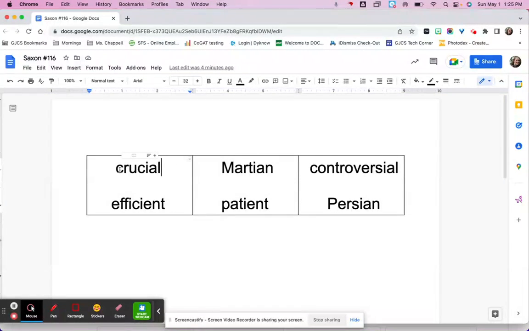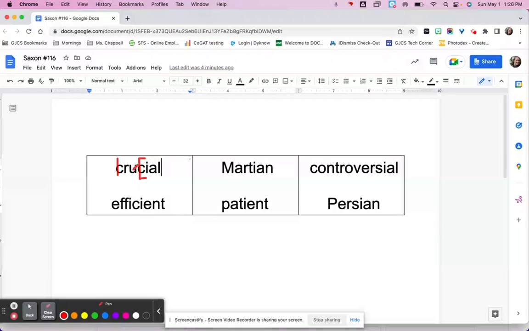So if we go back over here to this word, and I'm not going to tell you what it is yet, let's go ahead and code the word to see if we can figure out what it is. Okay, so we know that we have a final stable syllable. So I'm going to go ahead and put my bracket in here. Okay, and we also know our beginning C needs a K back.